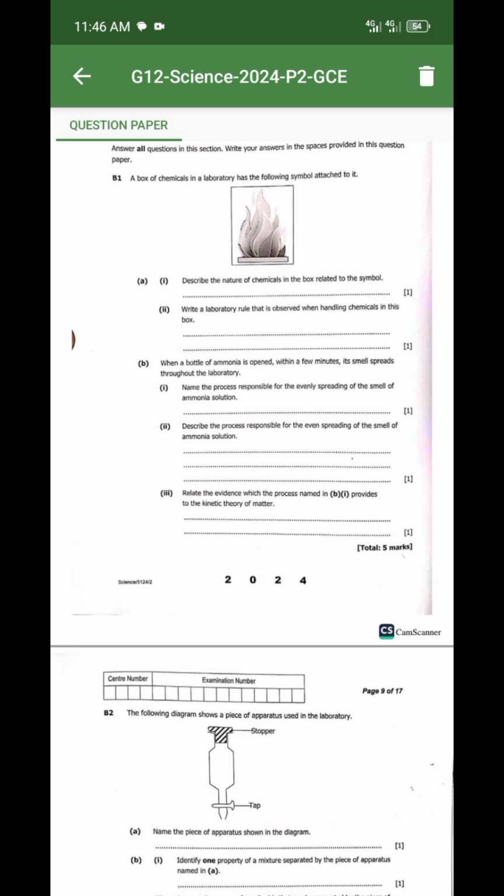The number one laboratory rule is that these chemicals must not be put near fire, or they must not be put in direct sunlight, because they are highly flammable.